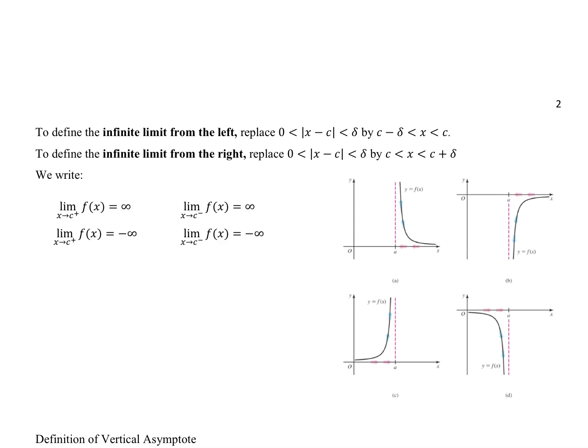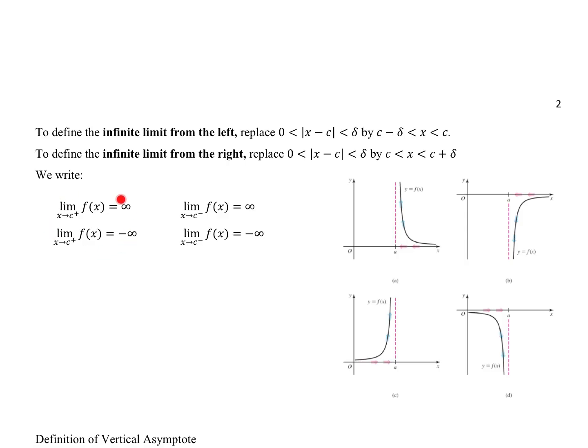Graphically speaking, when x is approaching c from the right, the limit is going to infinity here. When x is approaching c from the right, this means the limit is approaching negative infinity.